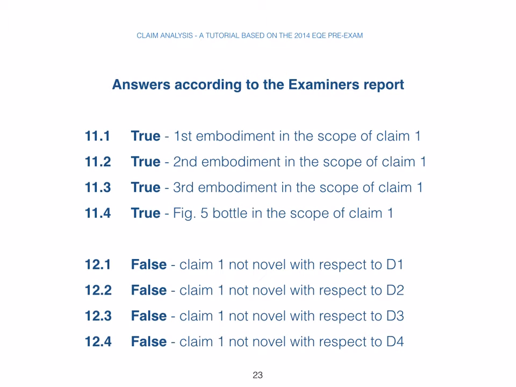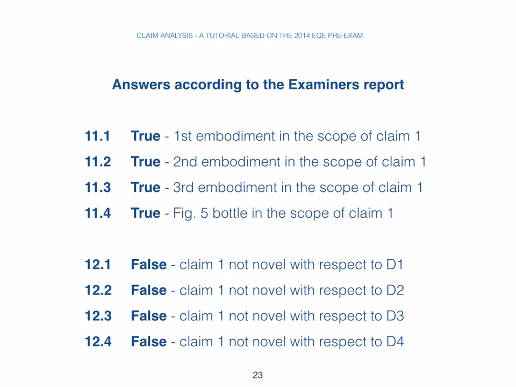Here now are the examiner's answers, together with the short caption that I have added just as a brief explanation, and then we will go in afterwards to the examiner's comments and further comments on the questions. So 11.1 is true.